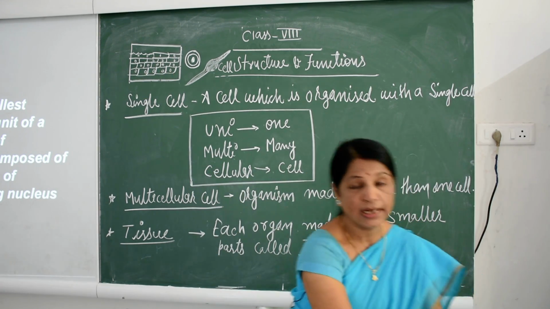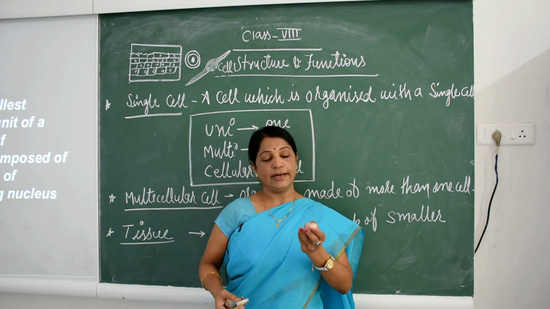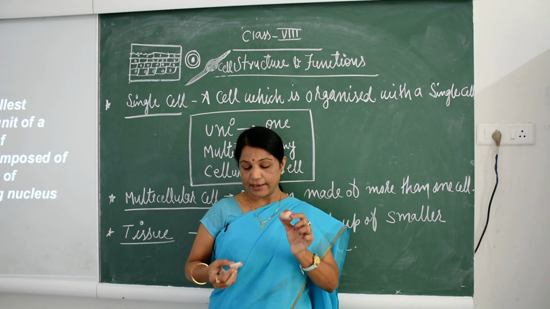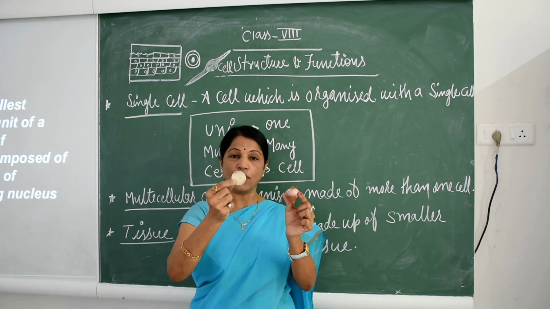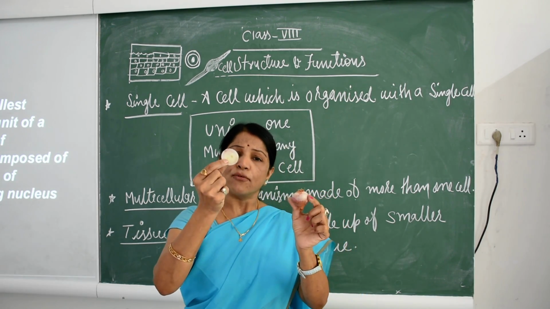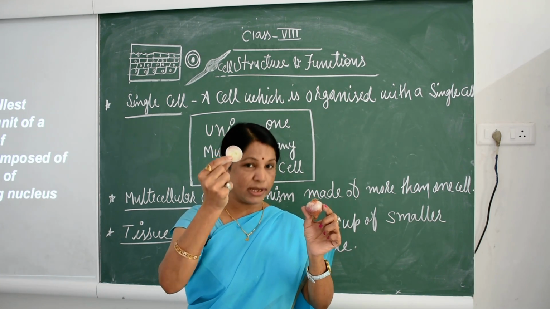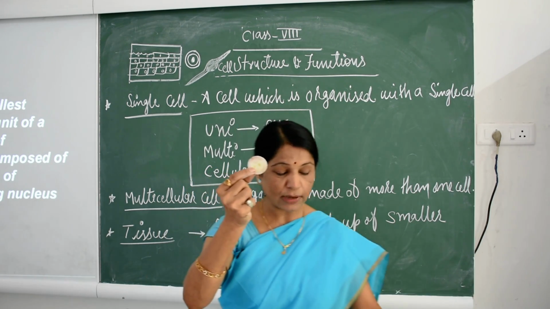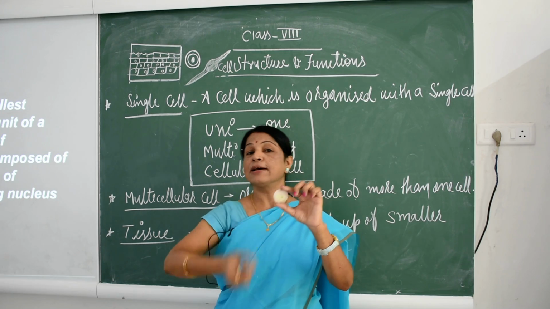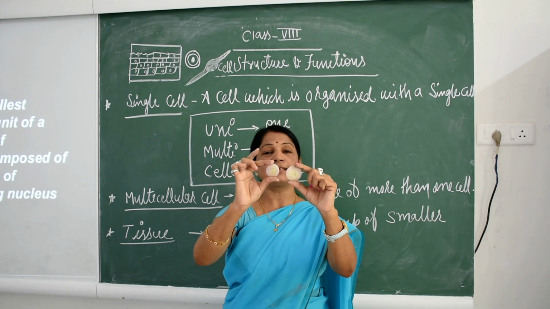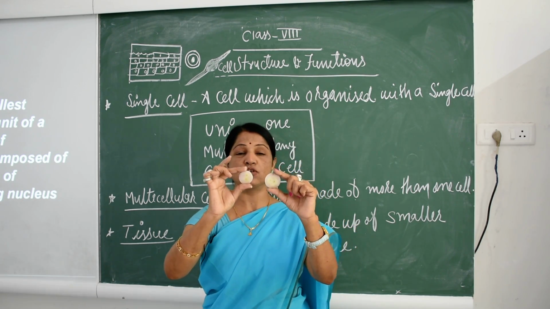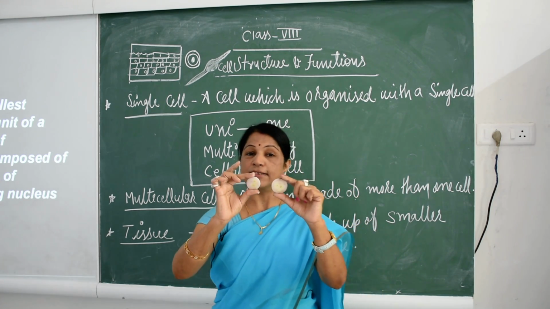Children, it is an onion, a plant cell, and it is a slice of the onion. Under a microscope in the laboratory, when we see this plant cell, it is transparent. Once we took out the section of this, it is transparent.